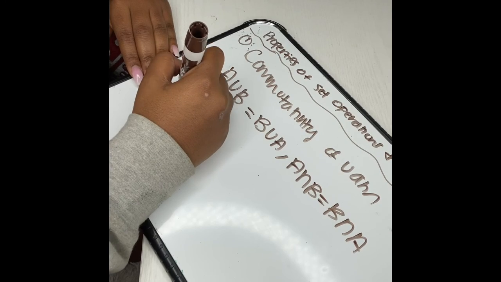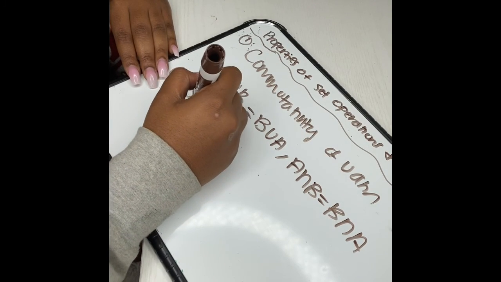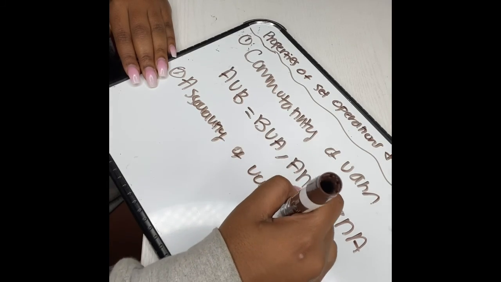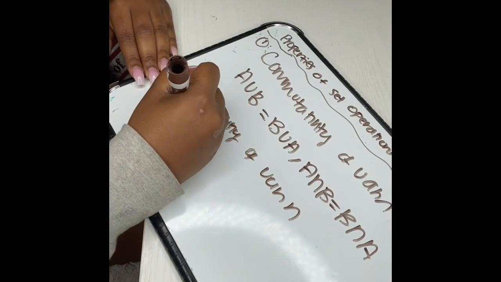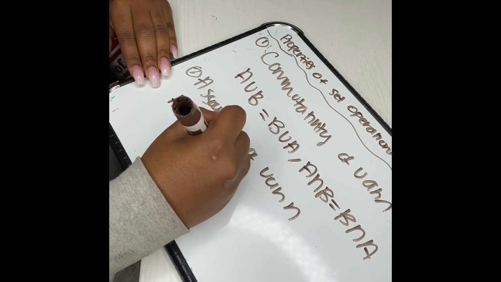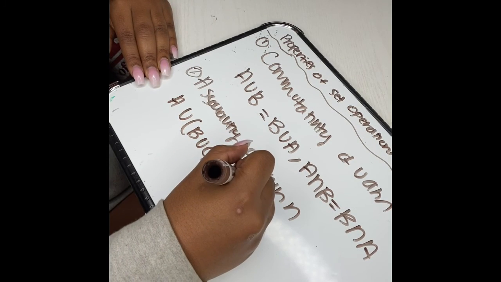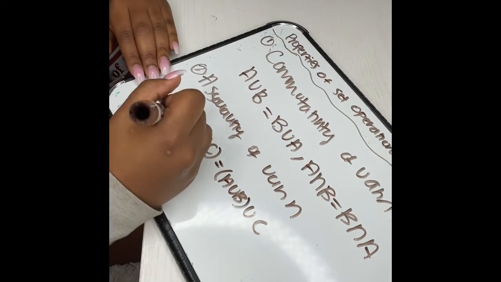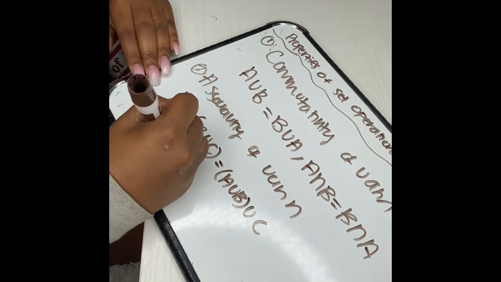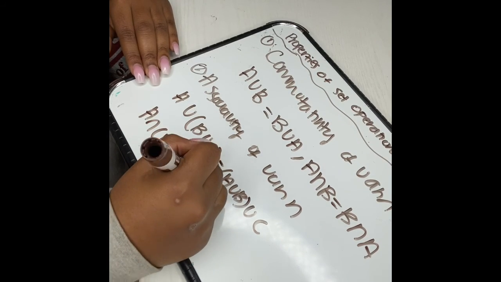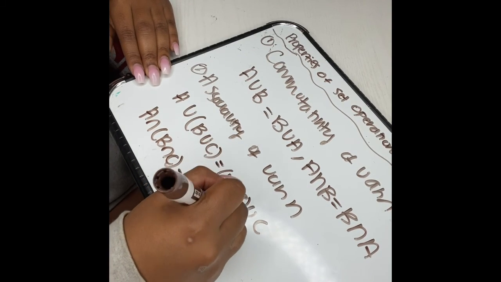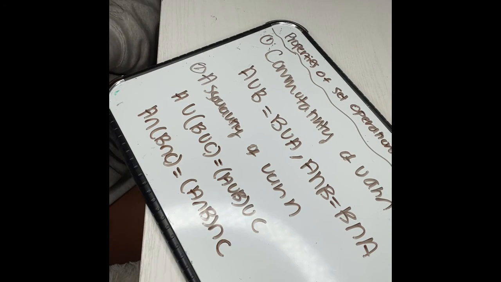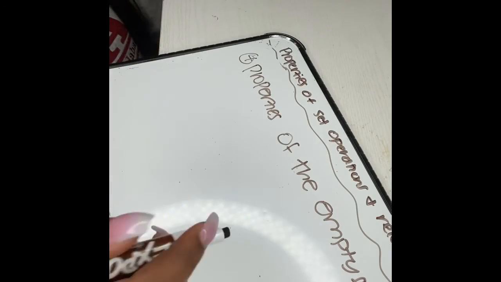And for associativity of union and intersect, A union B union C equals A union B union C, and A intersect B intersect C equals A intersect B intersect C. So we have properties of the empty set.